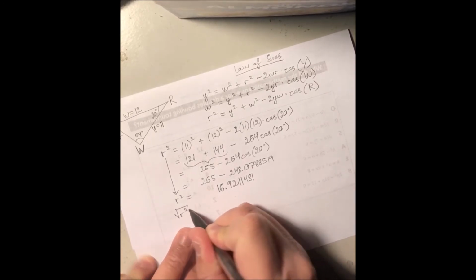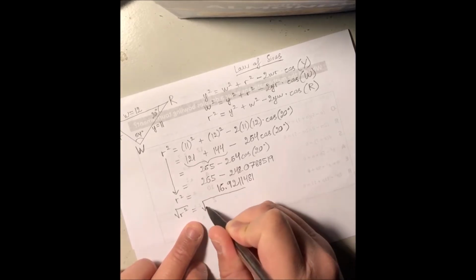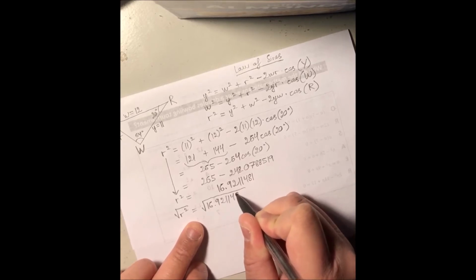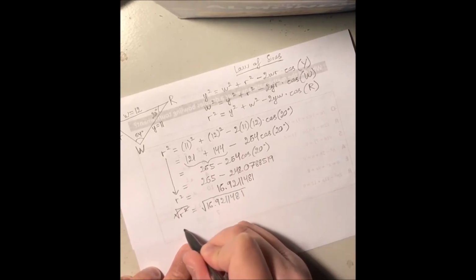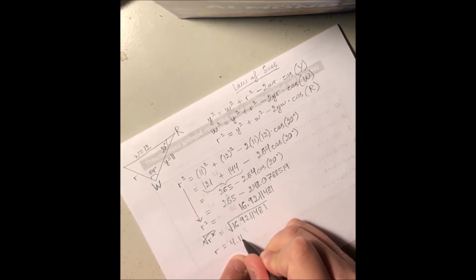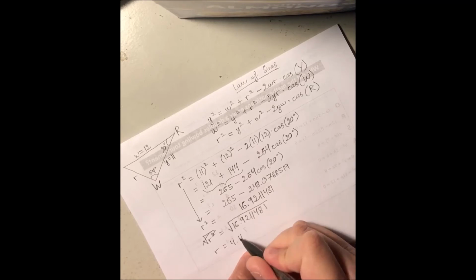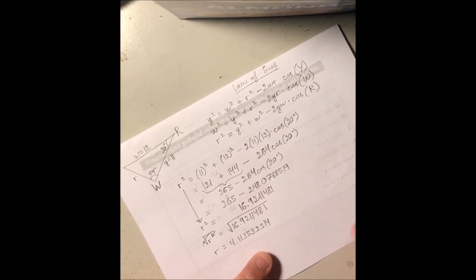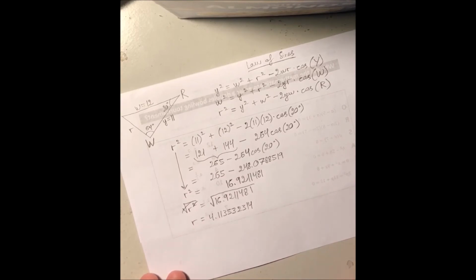So we have the square root of r squared equal to the square root of 16.9211481. r will be equal to 4.11353 2314. Hopefully I wrote everything correctly right there.